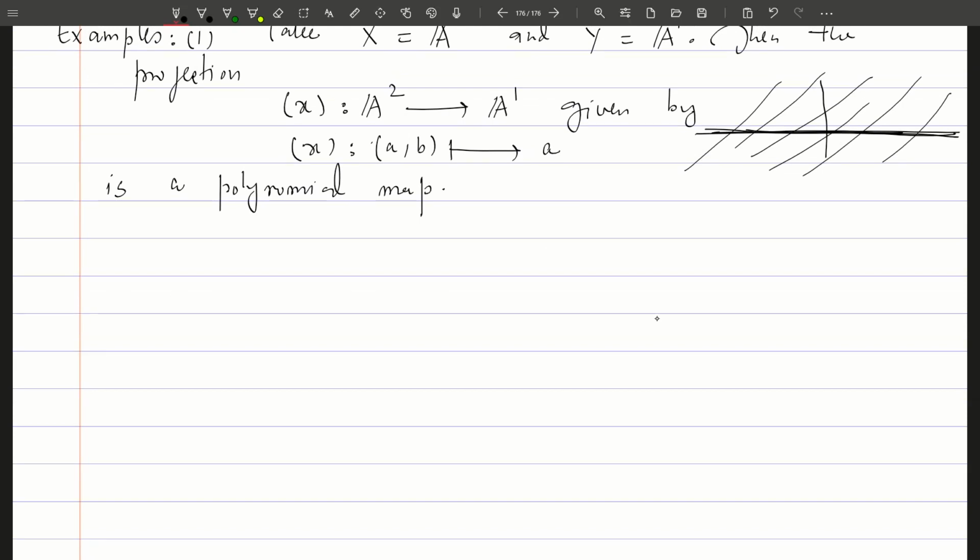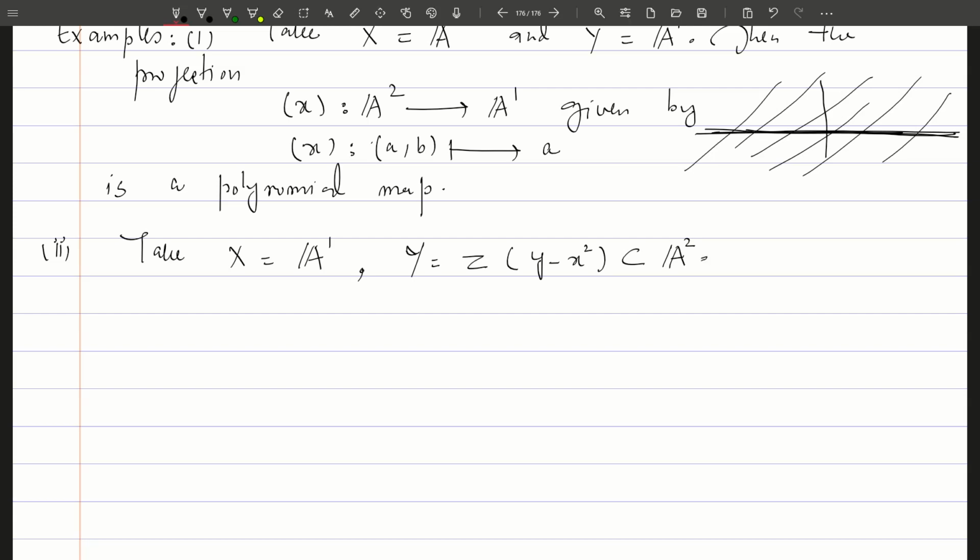So let us define one more example here. So now take X to be the affine 1 space and Y to be the zero set of the polynomial y minus x square, which is of course a subset of the affine 2 space.